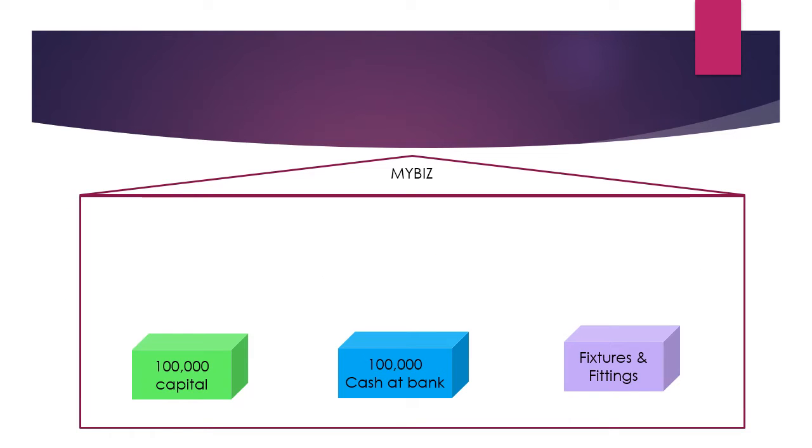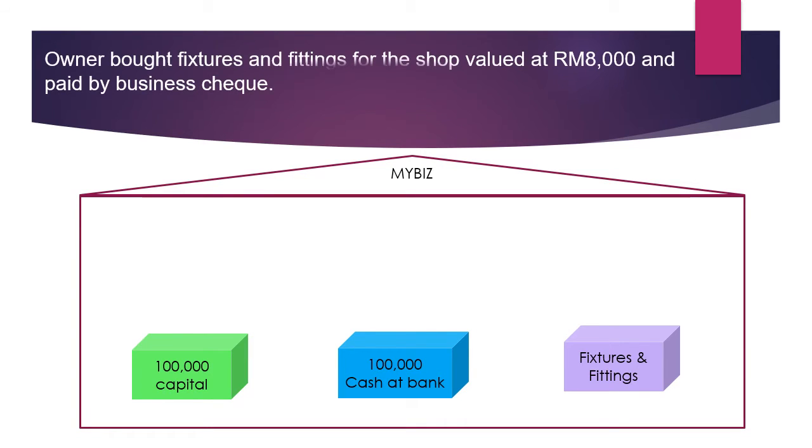Now let's have a look at another example. Okay, we already have 100,000 of capital and 100,000 cash at bank. So the owner bought fixtures and fittings for the shop valued at 8,000 ringgit and paid using a business check. Business check means that you are using the money in the bank. If it says cash, they are using cash on hand.